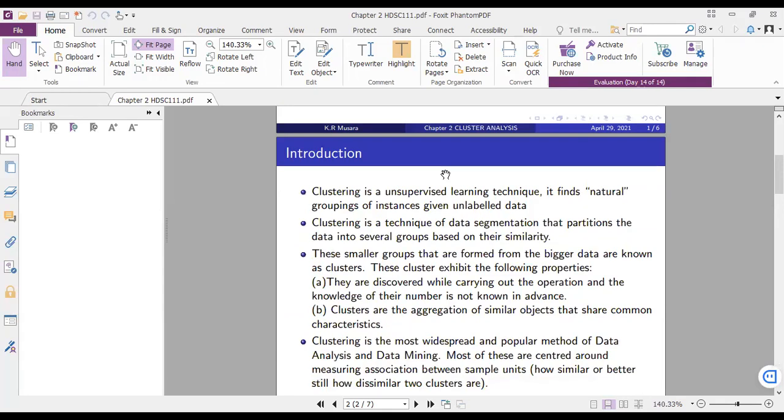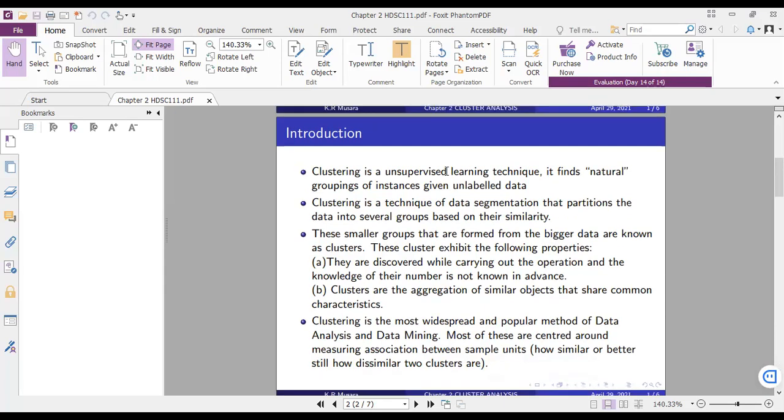You're only given input data and no output data, and the data is unlabeled, and we're supposed to come up with natural groupings. The grouping may be based on some similarity or dissimilarities. So clustering is a technique of data segmentation that partitions the data into several groups based on their similarity.